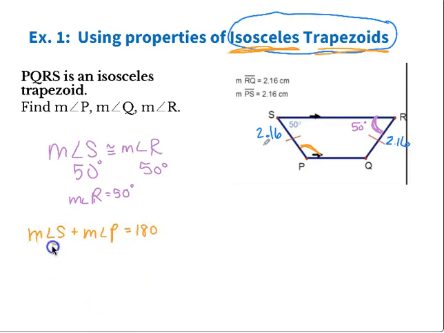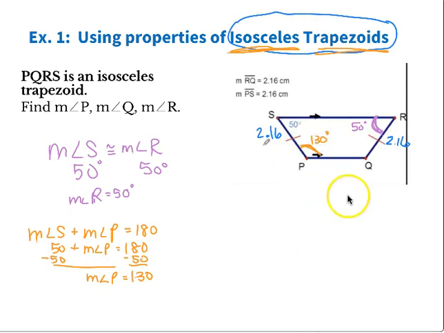Well, now I could substitute in that 50 degrees that we were given for the angle measurement of angle S. We don't know the measurement of angle P, and we set it equal to 180. Now we've just got a basic algebraic equation, and to find the measurement of angle P, we're just going to subtract 50 from both sides. And I get the measurement of angle P equals 180 minus 50 is 130. So the measurement of angle P is going to be 130 degrees.